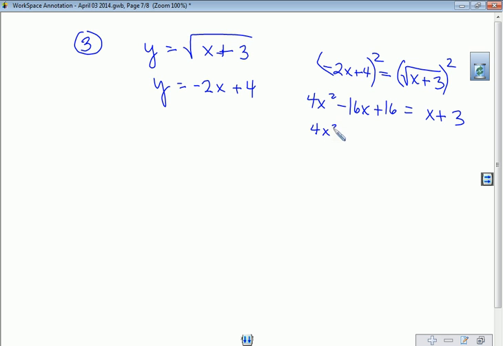Okay, and then we're going to set it equal to 0. So we're going to get a -17x here and a positive 13. That kind of looks a little ugly, except 13's prime, which makes it really simple. There's only one way to do it. It's 13 and 1. If I do 13 and 4 together, don't I get 17? So I'm going to put the 4 and the 13 together.